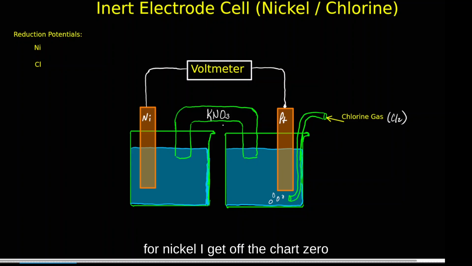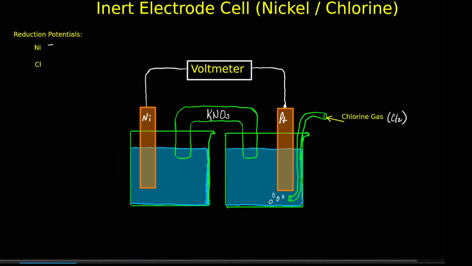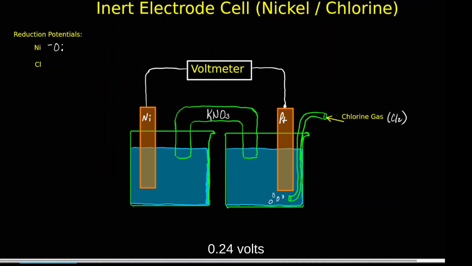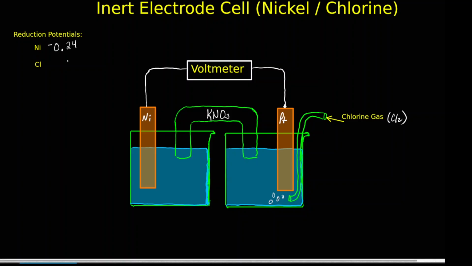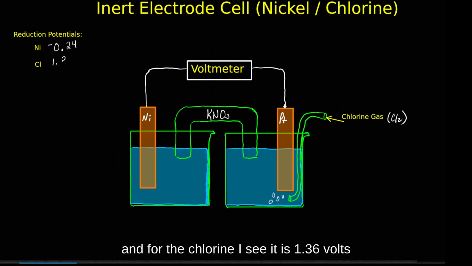So for nickel, I get off the chart -0.24 volts. And for the chlorine, I see that it's 1.36 volts.